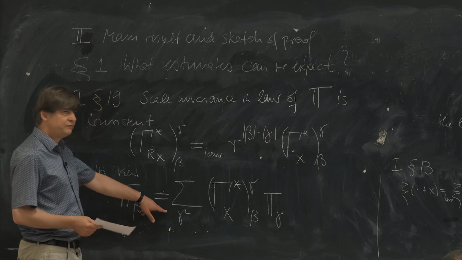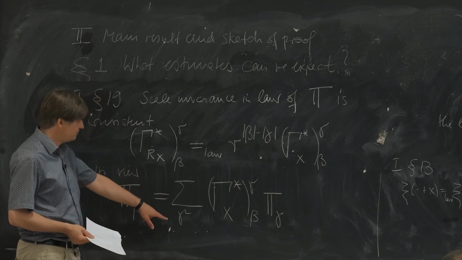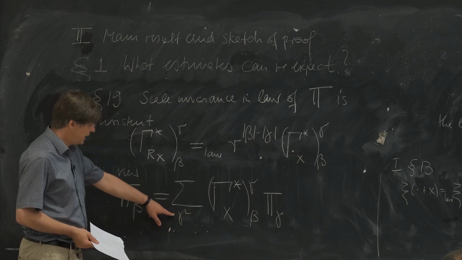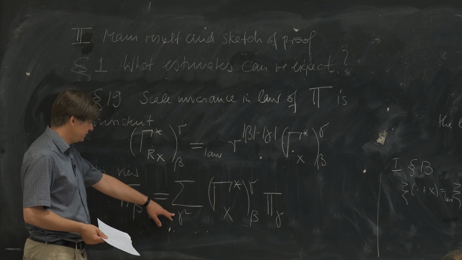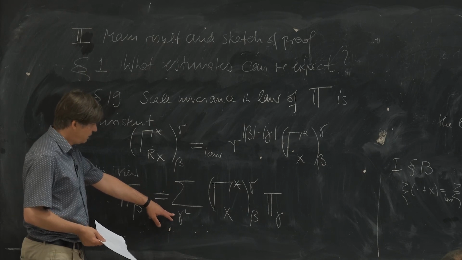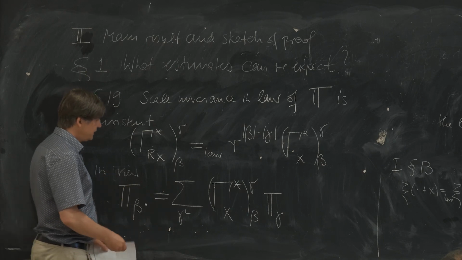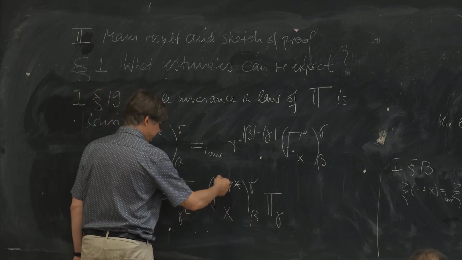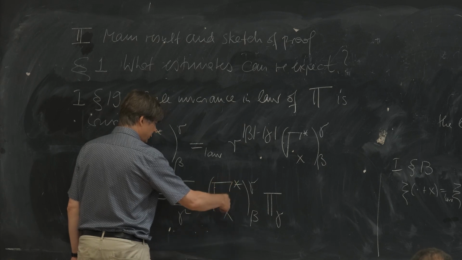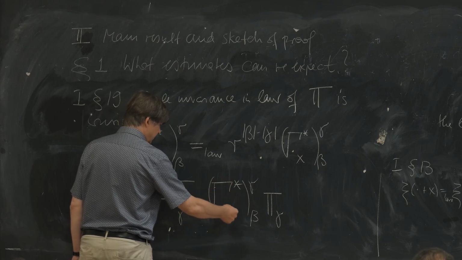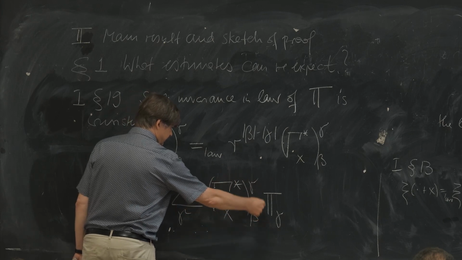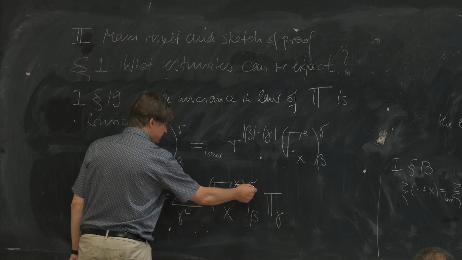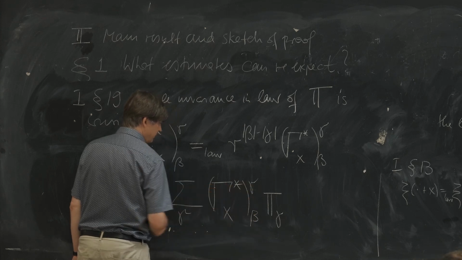And I very briefly mentioned last time that these sums, although they look infinite because the set of all multi-indices is infinite in a very infinite way, are effectively finite, because pi x being an endomorphism of the dual space has the property that these matrix entries for fixed beta are non-zero only for a finite number of gammas.